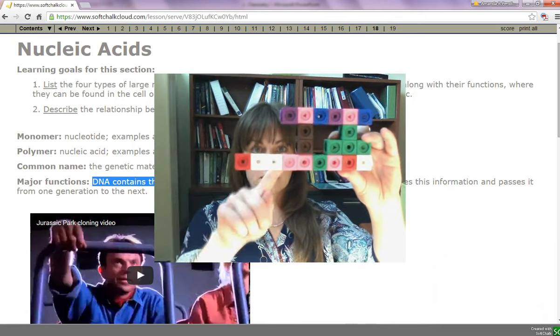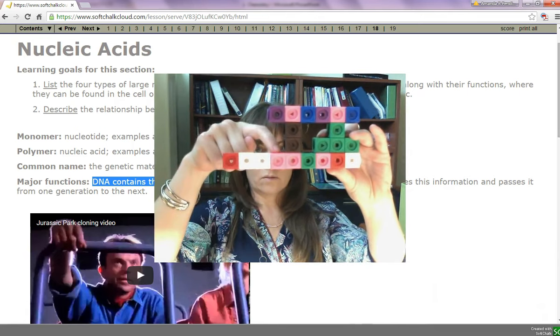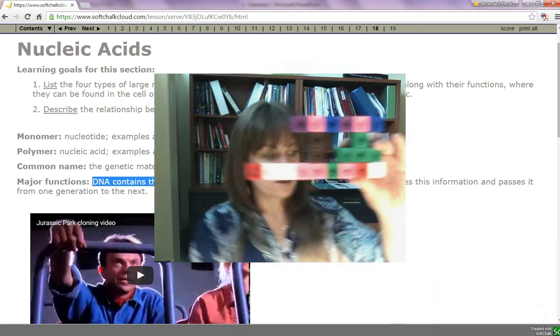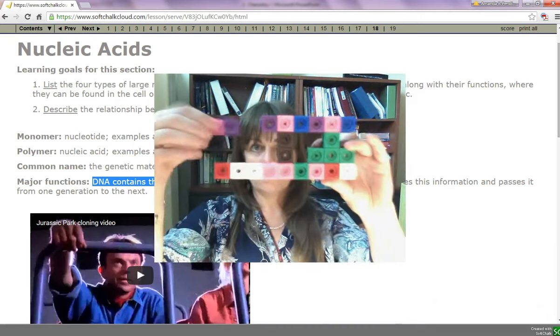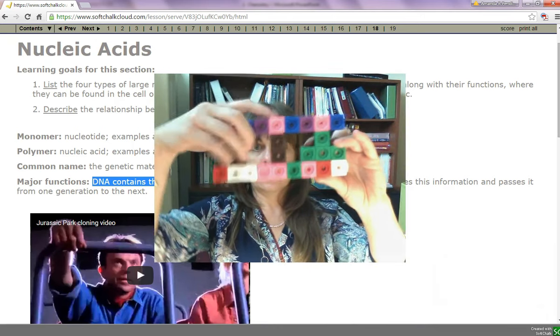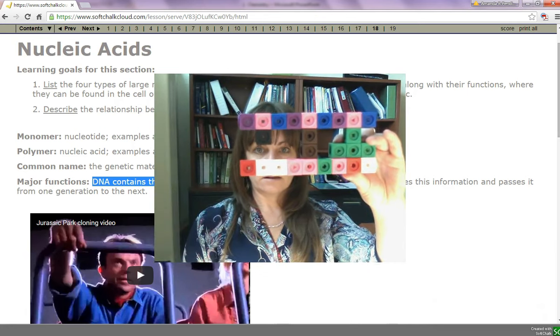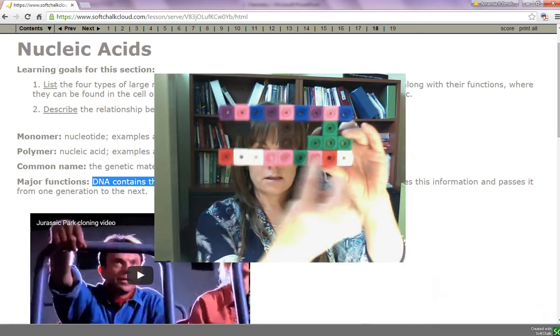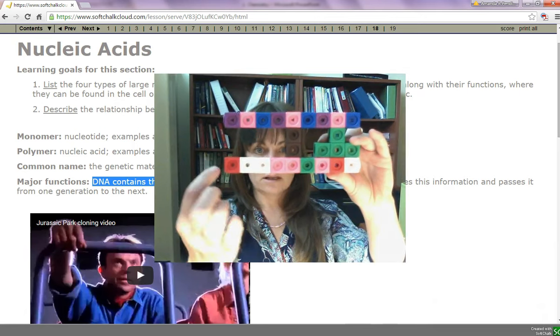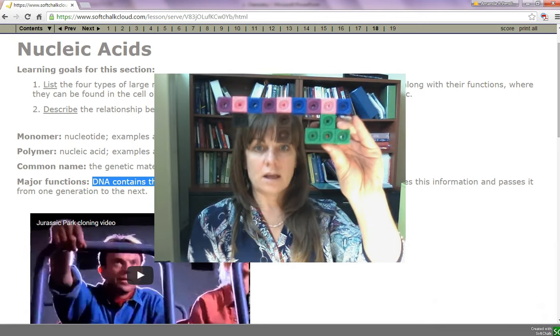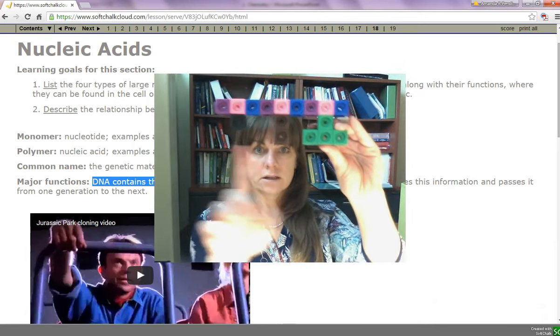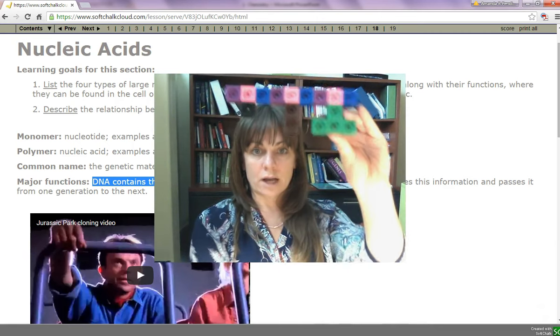Let's look at the next code. We've got 1, 2, 3. Notice it's different. Well, so let's hook in our next amino acid. So this is the code. It's the blueprint, the instructions, and what we get out of it is amino acids hooked together in the correct order.